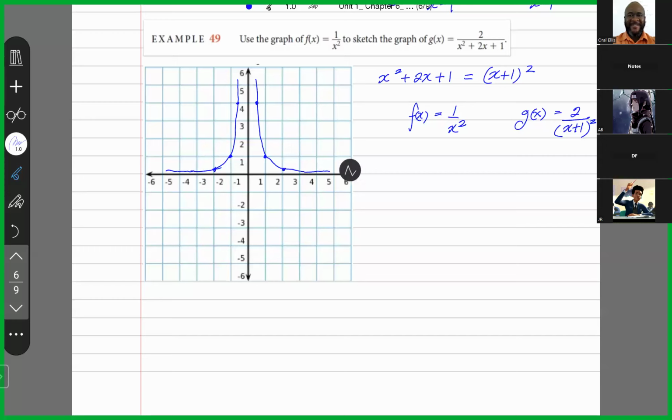So this would be the graph of f of x is equal to 1 over x squared.